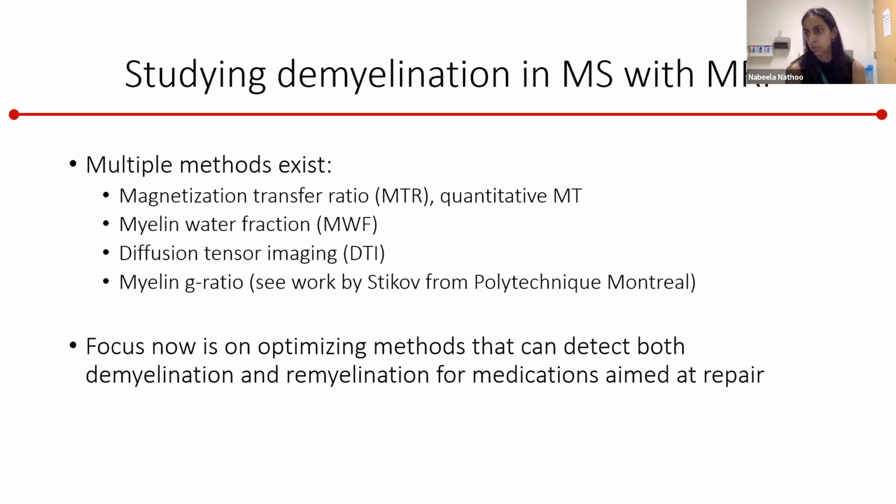And the reason this is important is because if somebody has a demyelinating event and they develop a T2 lesion, that T2 lesion, because there's been some damage there, even if they remyelinate, may still look the same on T2. It may get a bit smaller, but it may not change in appearance at all. And so the methods that we use right now can't help us figure out if repair has taken place, and so hence these methods exist.